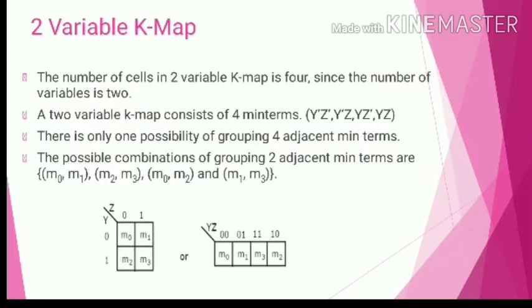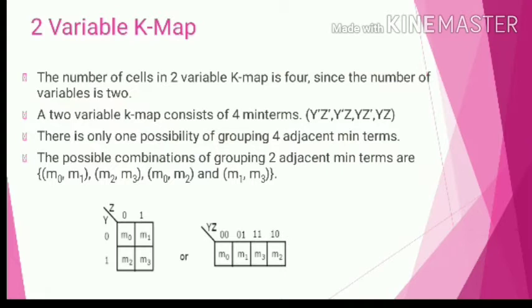The first minterm, m0, is y dash z dash because the values are 0 0. m0 is equal to 0 0, that is row 0, column 0. 0 0 means put bar, so y dash and z dash. And m1: y is 0, z is 1, so y dash z.